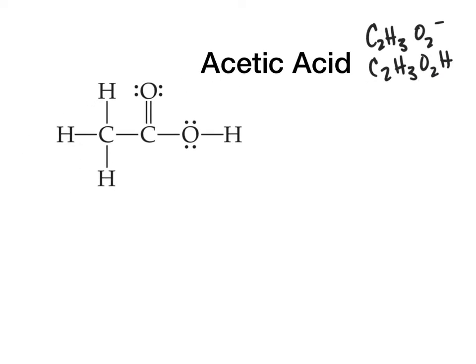So the way to tackle this is to really only look at one center at a time. Centers can be identified based on the fact that they are usually drawn along the center. Hydrogen is not something with a complex steric center. So let's just look at this first carbon. We can see that this carbon has 4 bonded atoms, so it's going to have a steric number of 4.